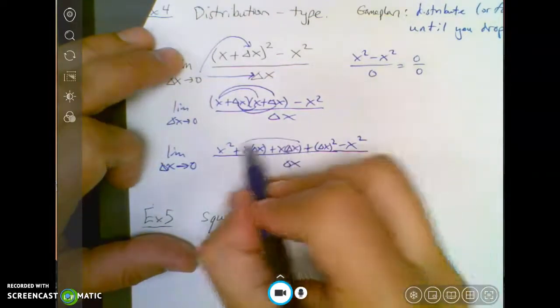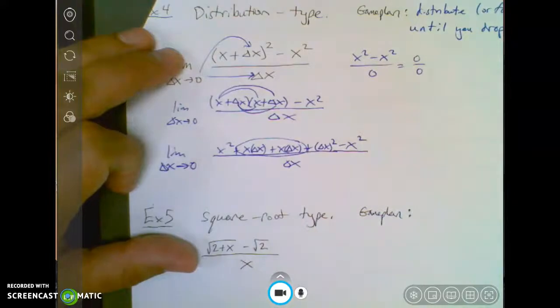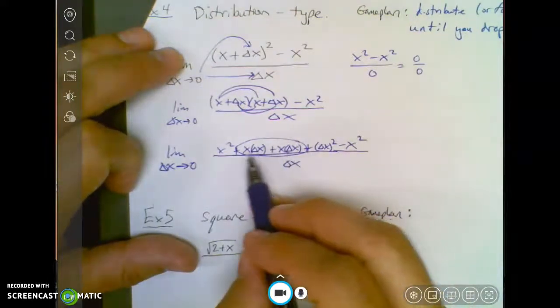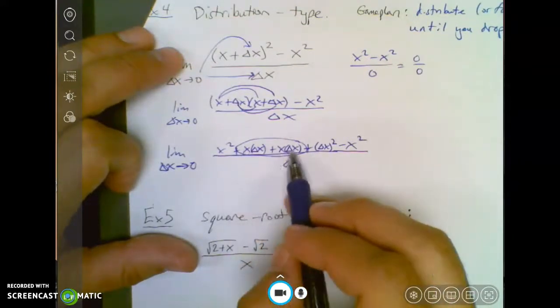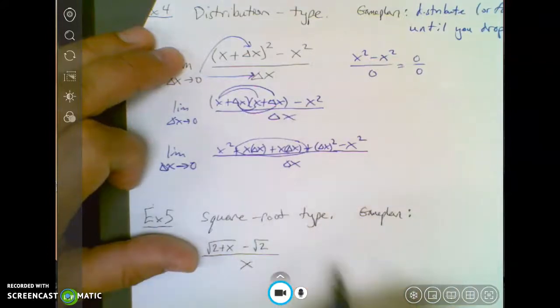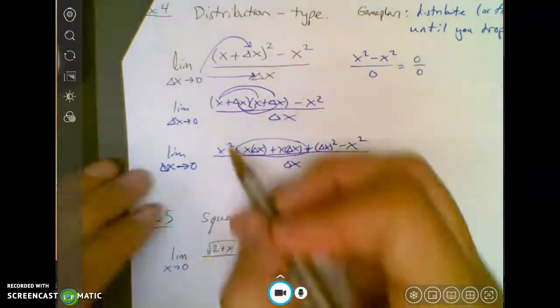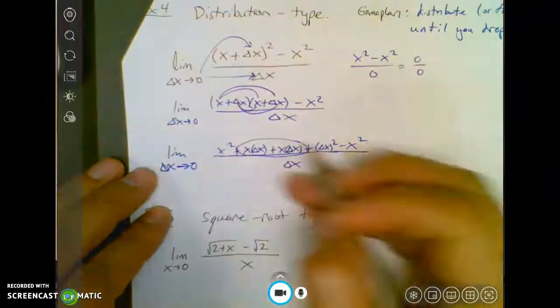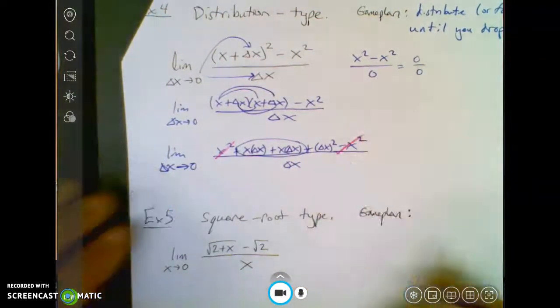Now, what you should notice is these two are similar in that they both have a delta x on them. So there's two of them. Instead of x delta x plus x delta x, there's two of them. The other thing you should notice is this guy is positive and this guy is negative, so they go away already.